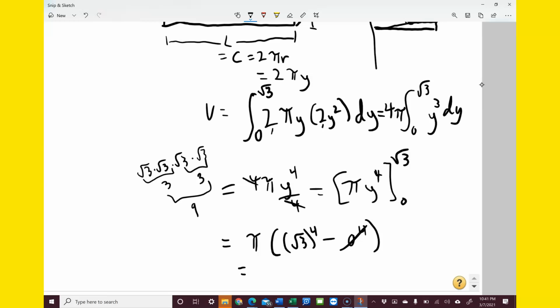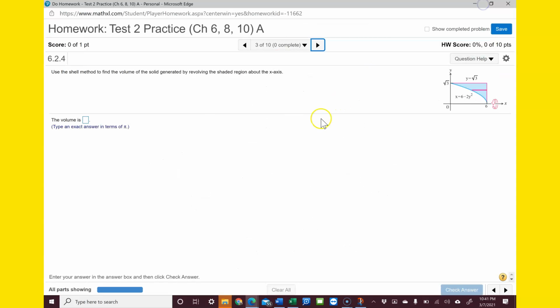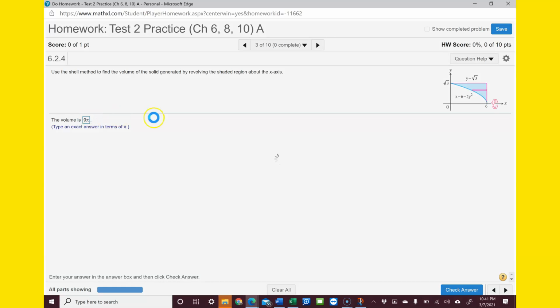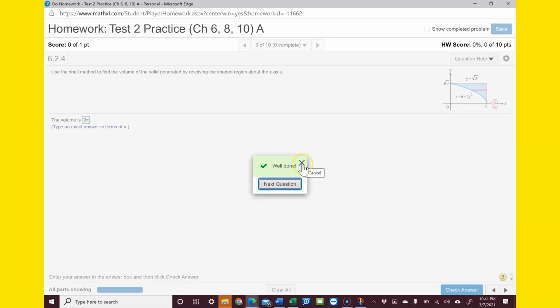So that's going to be 9 pi, I do believe. Let's plug that in and see. Nine pi. Correct. Yay, green check mark.